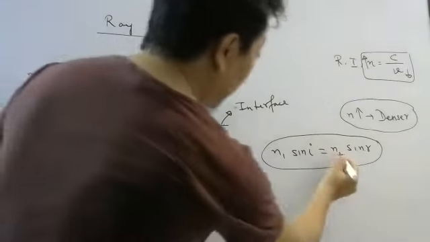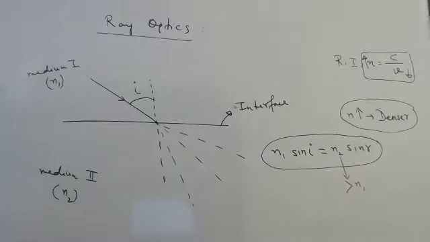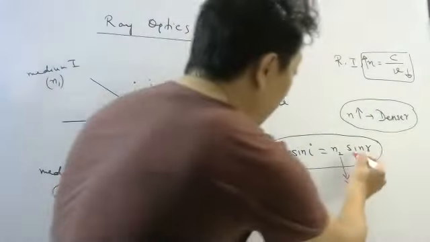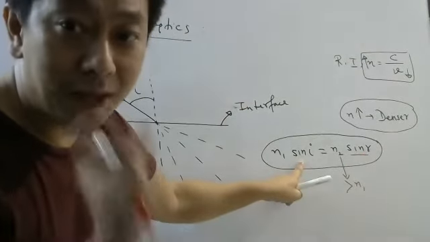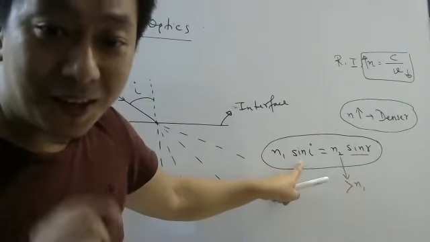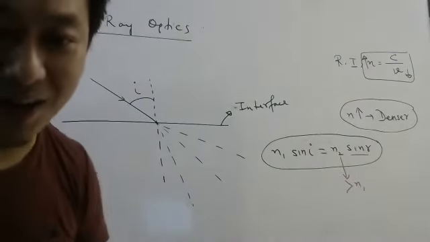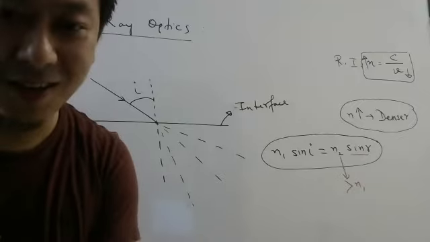If I say N2 is greater than N1, if this number is greater than this number, then this number should be greater than this number or smaller? In multiplication, if one number is greater, other number should be smaller, right? That is how Boyle's law works, right? Pressure into volume, if it remains constant, then what does it mean?